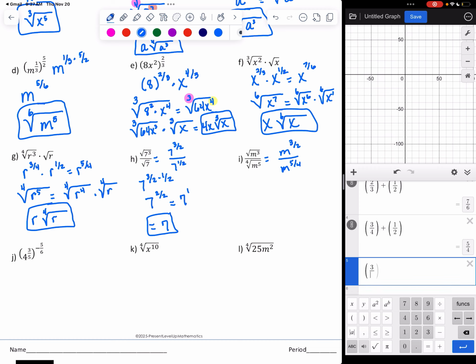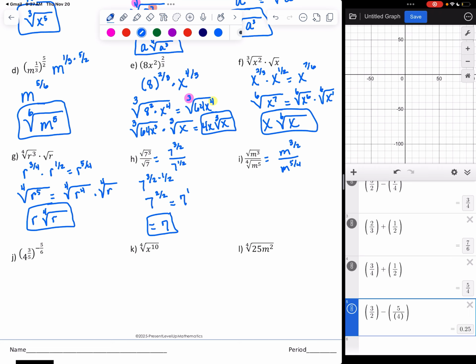So 3/2 minus 5/4, and we get the 1/4 power. So m to the 1/4 power. And our last step is we rewrite it as a radical. So the 4th root of m to the 1 power, which cannot be simplified any further.